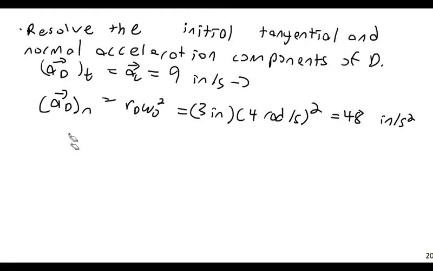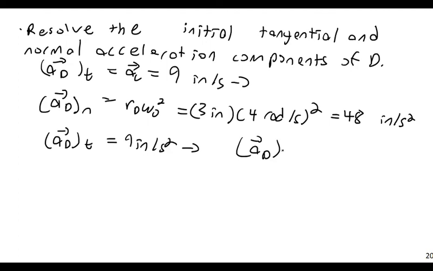And then the components: AD tangential is equal to 9 inches per second squared, and that would be to the right. And AD normal would be pointing downward, toward the center of the circle, and that's 48 inches per second squared downward.